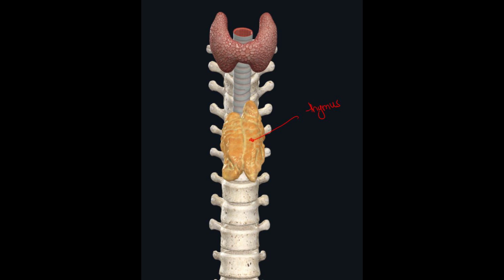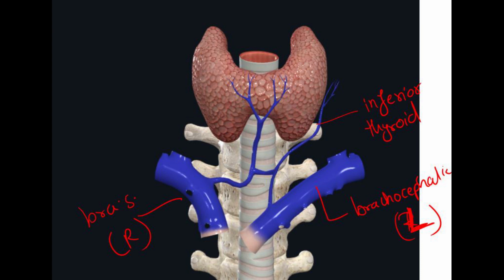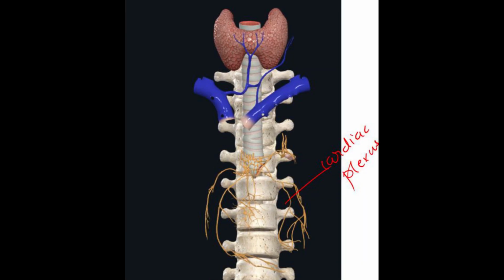And moving on towards the arteries, we have the left common carotid artery, the brachiocephalic trunk, the aortic arch, and moving on towards the veins, we have the inferior thyroid veins, the brachiocephalic veins, the deep cardiac plexus. Lastly, the lymph nodes. We have all of the lymph nodes that are present in the anterior of the trachea.